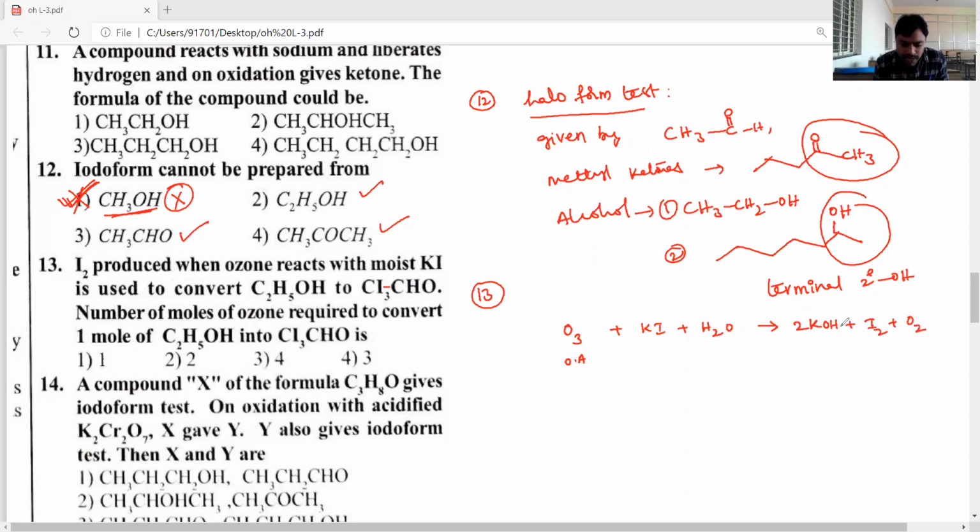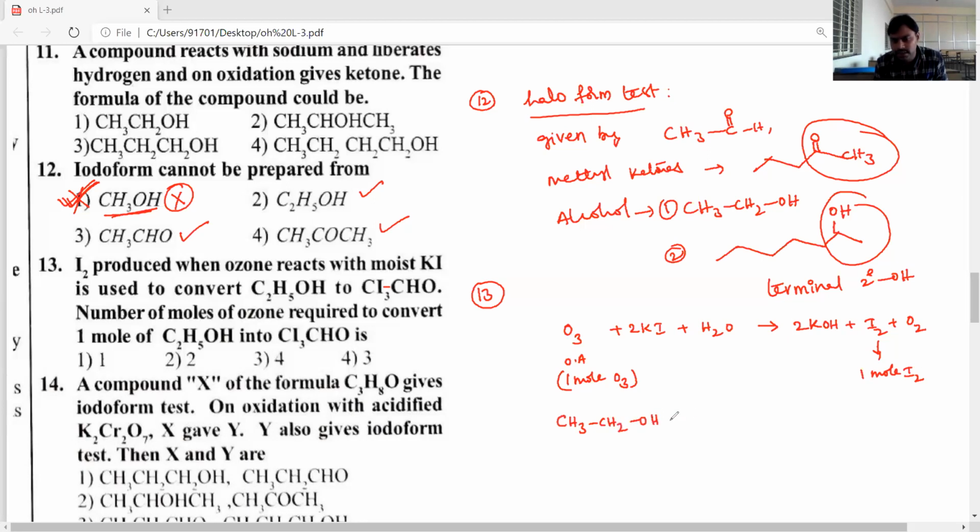We have to balance this equation. Here iodine I2 is forming, meaning 2 moles of KI. 2 KOH: hydrogen atoms are balanced, and oxygen atoms, 3 plus 1, 4, are also balanced. 1 mole of O3 produces 1 mole of I2. It is very clear. Now this CH3CH2OH.